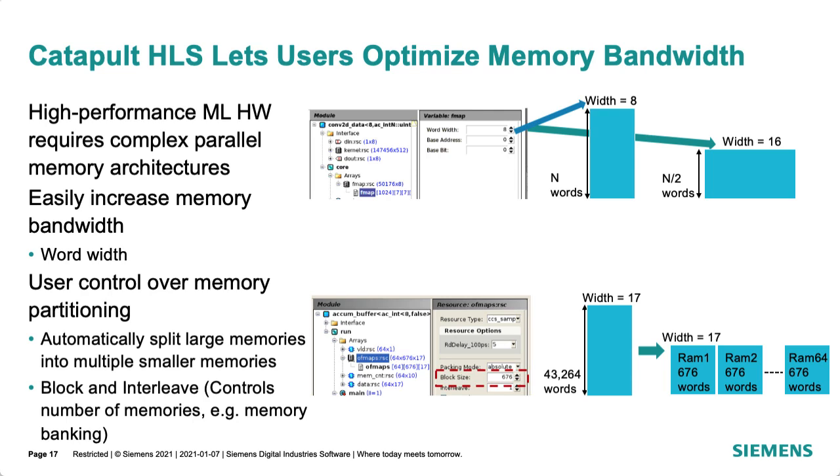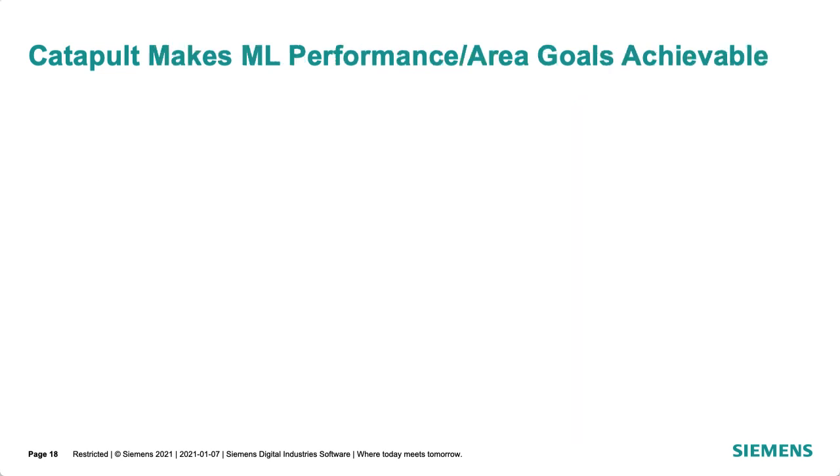Designers also have control over memory partitioning. Block size and interleave constraints can be used to automatically split a large memory into multiple smaller memories. This allows the memory bandwidth to be matched to the algorithm bandwidth along with other high-level synthesis constraints.